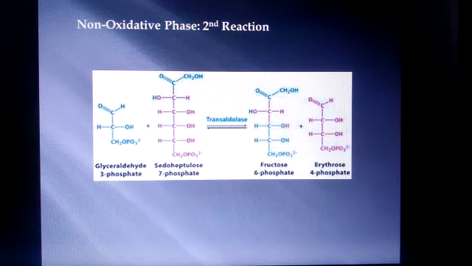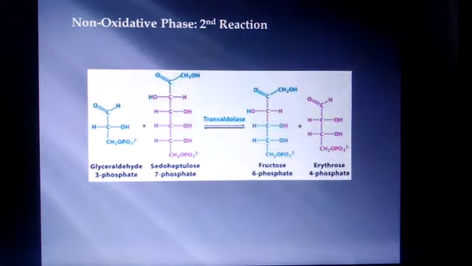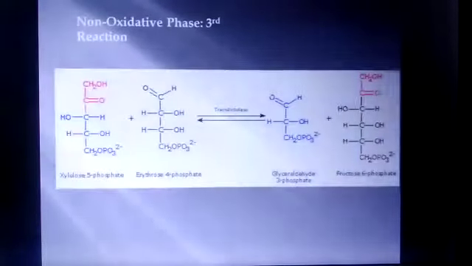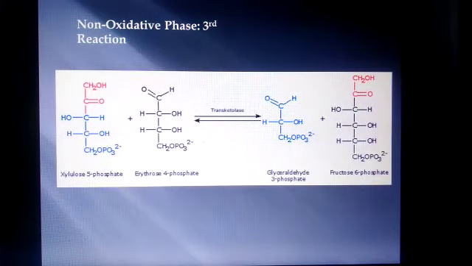This reaction is catalyzed by transaldolase. In the third reaction, transketolase catalyzes the synthesis of fructose 6-phosphate and glyceraldehyde 3-phosphate from erythrose 4-phosphate and xylulose 5-phosphate.